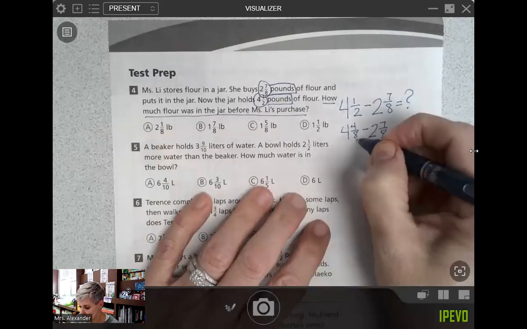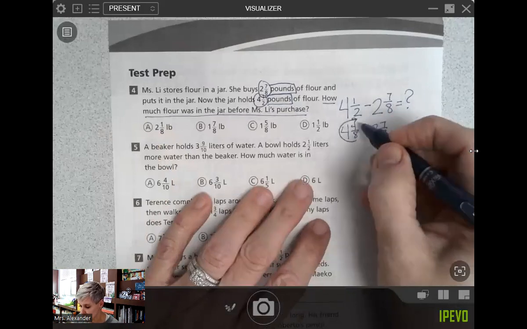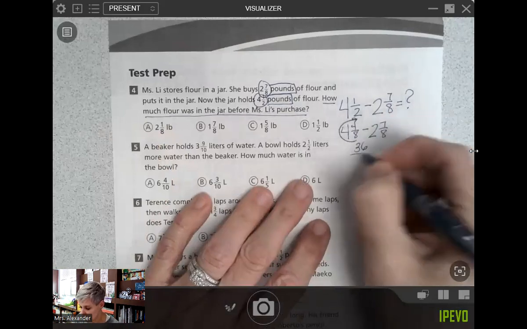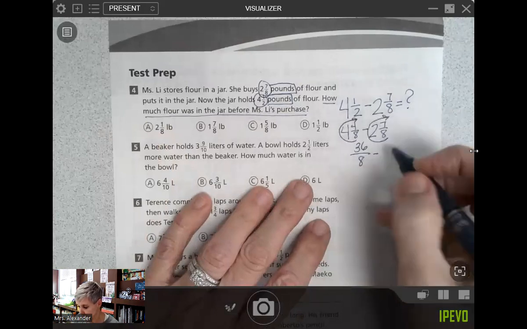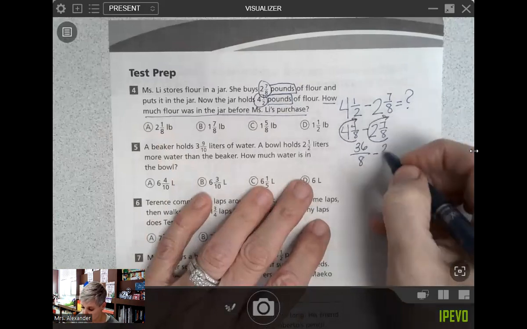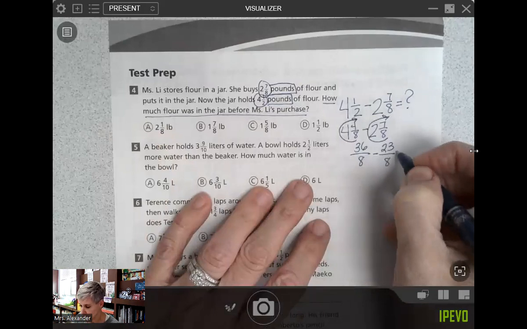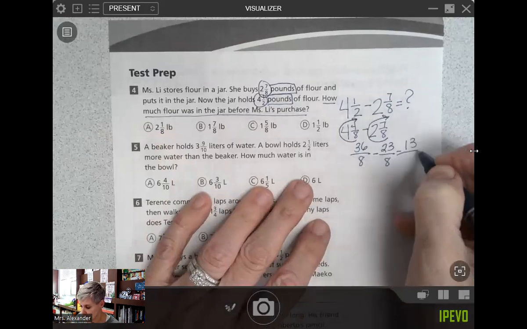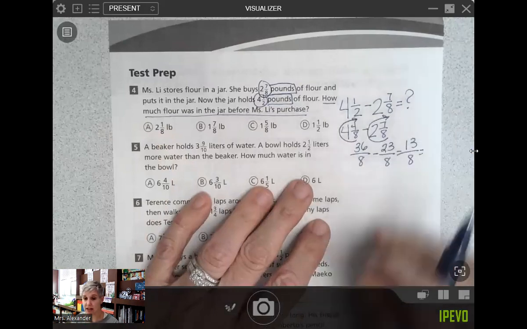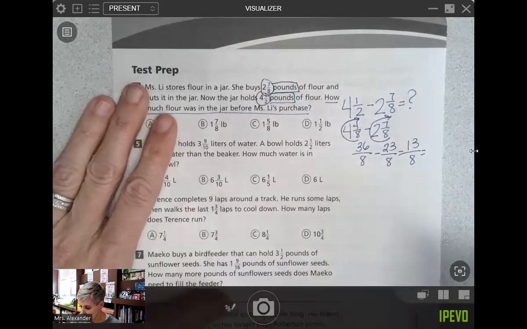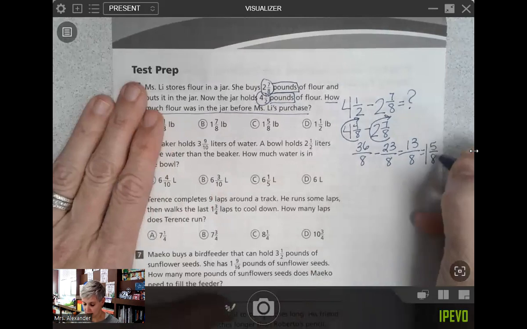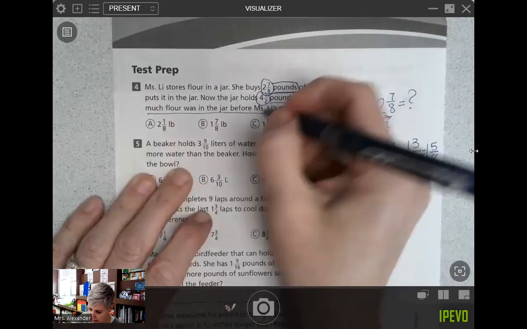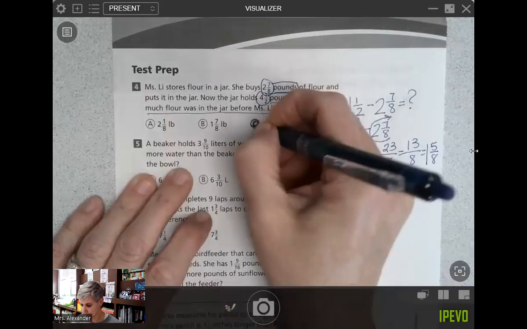I have 8 times 4 is 32, plus 4 is 36/8, minus 8 times 2 is 16, plus 7 is 23/8, which would give me 13/8. I can't leave it like that. That's improper. 8 goes into 13 one time with 5/8 left over. Looks to me like that would be letter C.